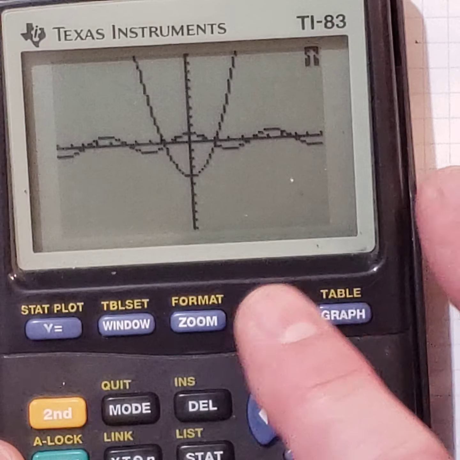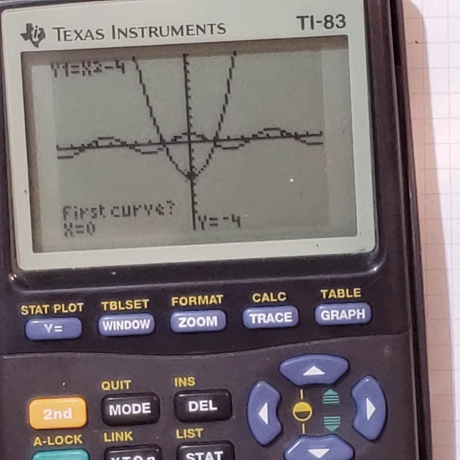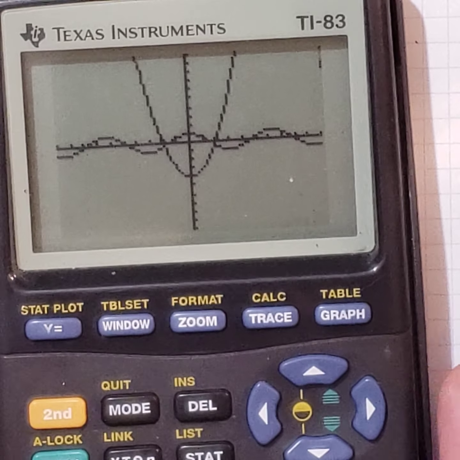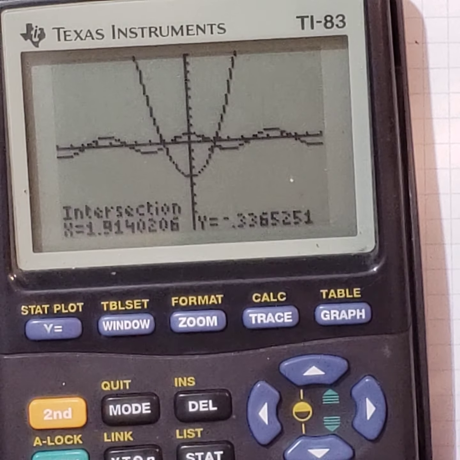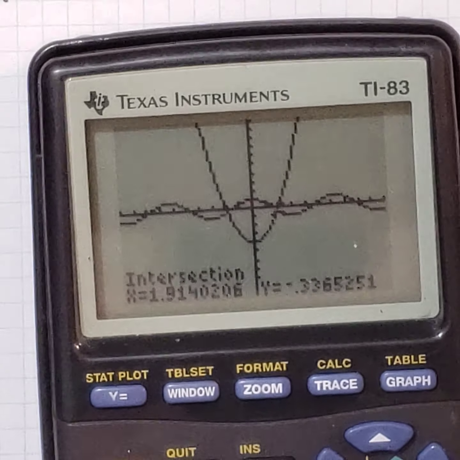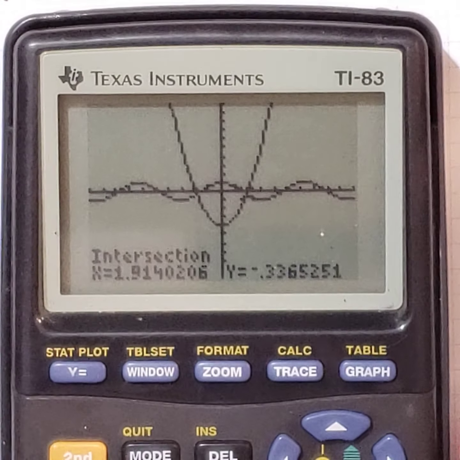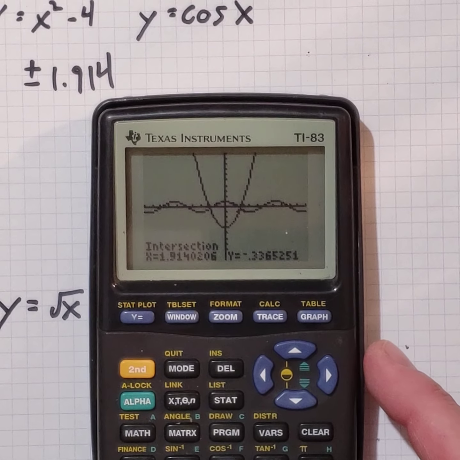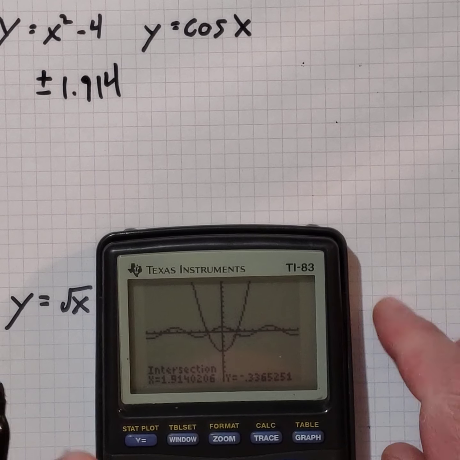Let's do second calc 5 for intersection, and then enter, enter, enter. And we'll see that that point of intersection is 1.914, give or take. And since they're both symmetric, that'll be on the left and the right hand side, negative and positive 1.914.